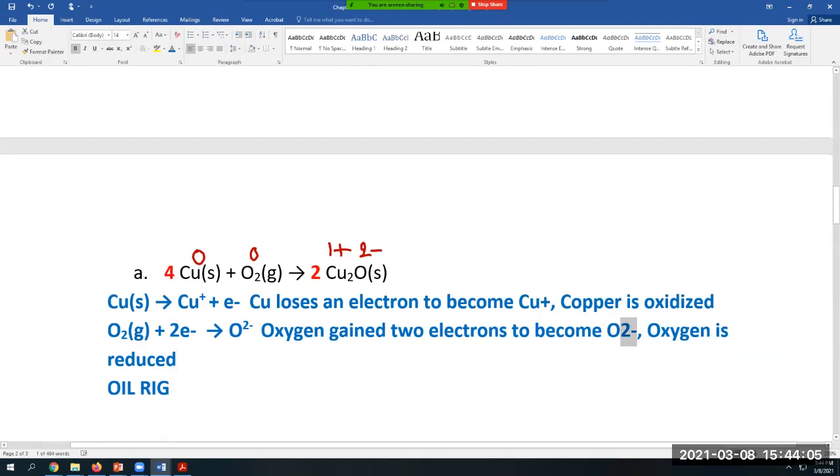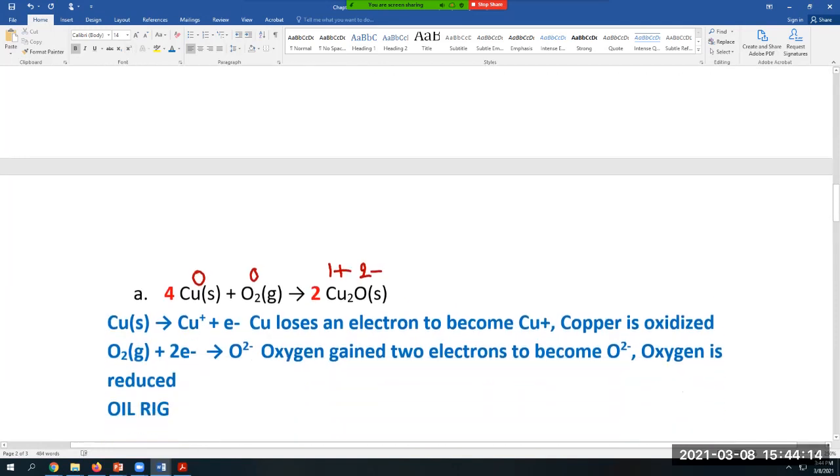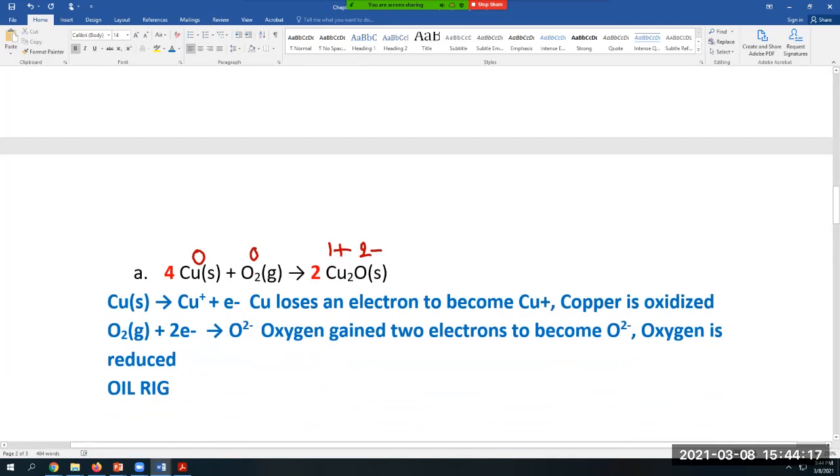So that's how you decide which reactant is oxidized and which reactant is reduced, right? And you see how when copper is oxidized, then oxygen is necessarily reduced because the electrons have to be gained by the other element. So copper gave electrons to oxygen, or the 4 coppers here gave 4 electrons, and the O2 here gained electrons and became 2 O negative 2, right?